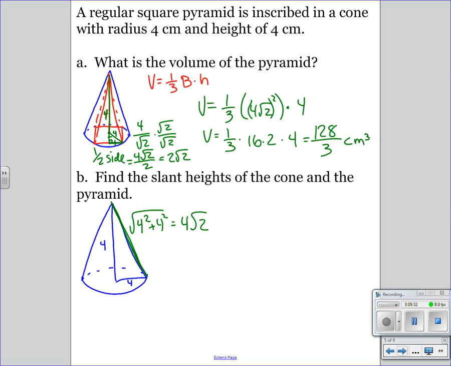Now the pyramid, though. Okay, we have found that the height is 4. From the center perpendicular, that was 4 root 2. I'm sorry, it was 2 root 2. It was half the length of the whole side.